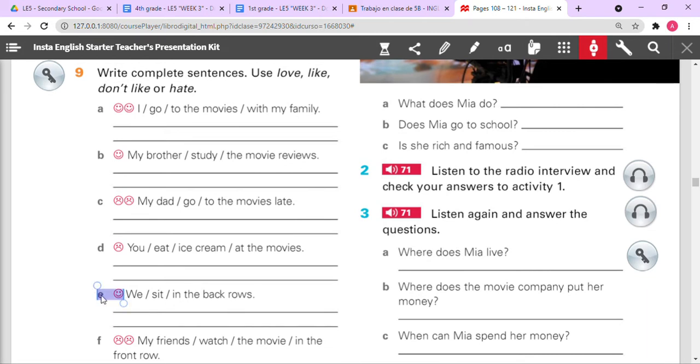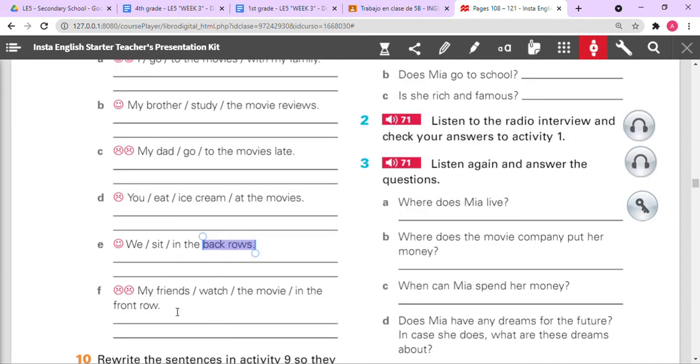One happy face. We like sitting in the back rows. ¿Qué cosas son back rows? En las sillas de atrás, no las butacas de atrás, en la parte de atrás o la fila de atrás. Two sad faces.